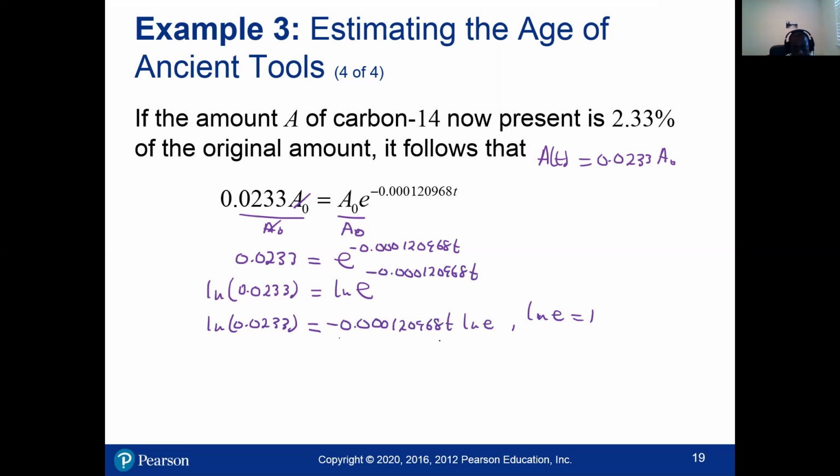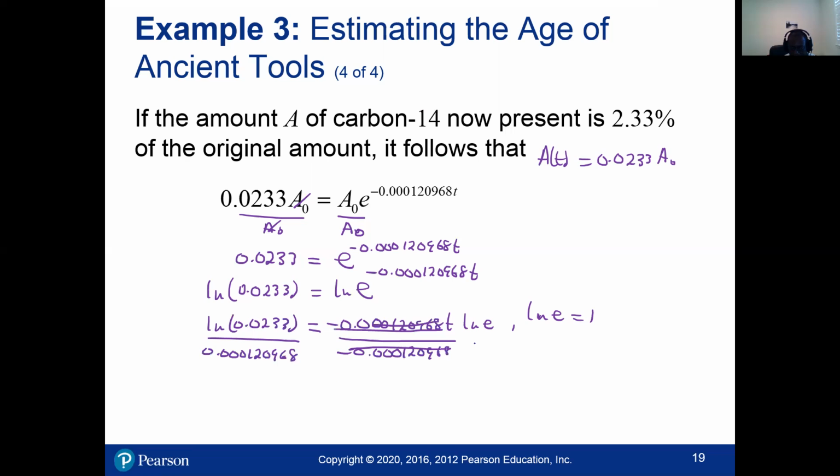Then we can divide both sides by negative 0.000120968. This will cancel out.